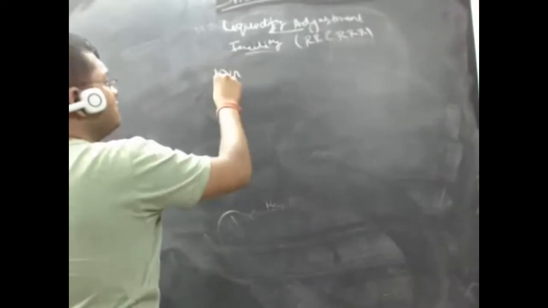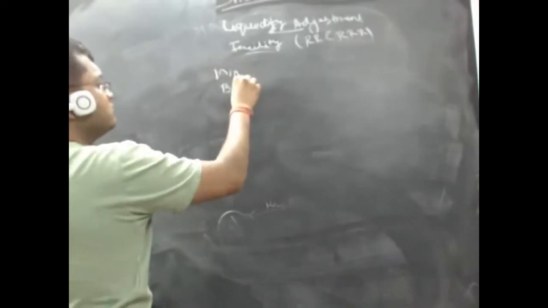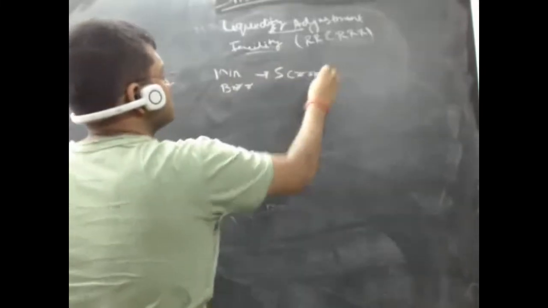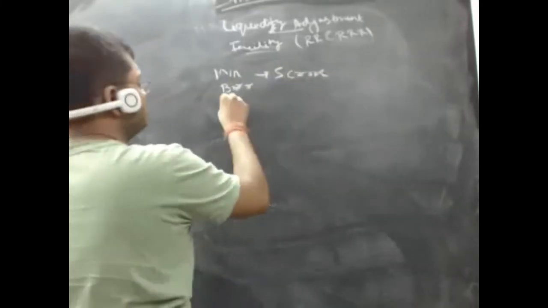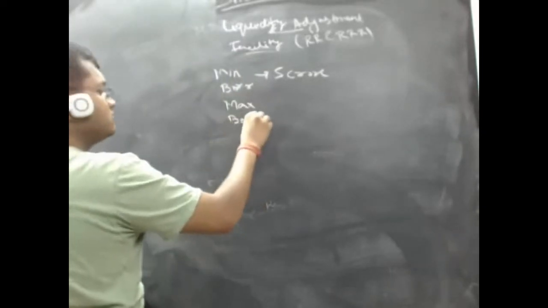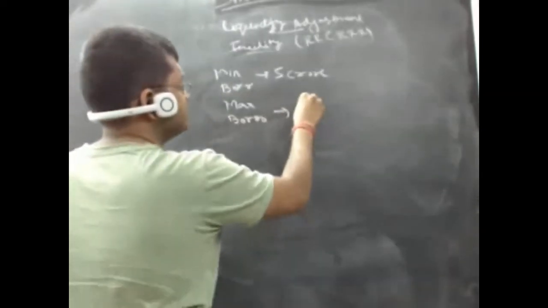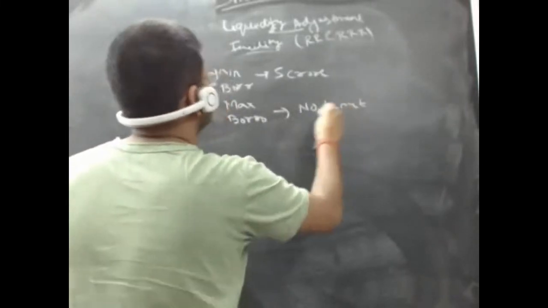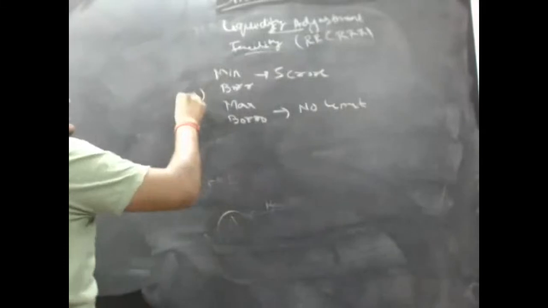Minimum borrowing is 5 crore, maximum borrowing no limit. This is the first thing you need to know under the liquidity adjustment facility. Okay?